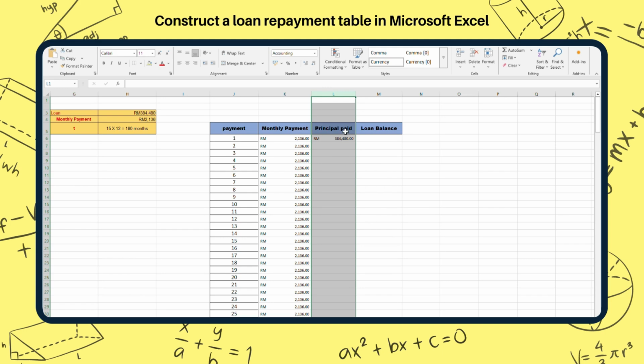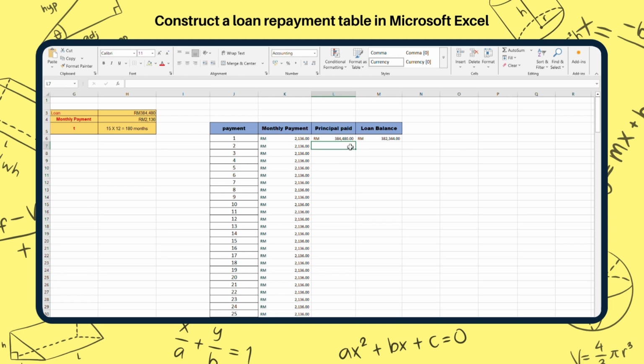This principal paid will be reduced by the monthly payment every month. For this balance, you subtract the monthly payment that Gloria House will pay, to get the loan balance. For example, principal paid minus monthly payment, we will get this answer.